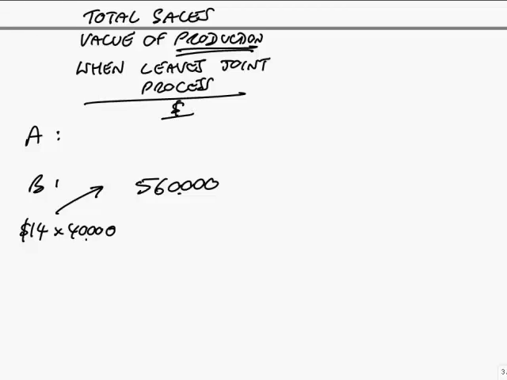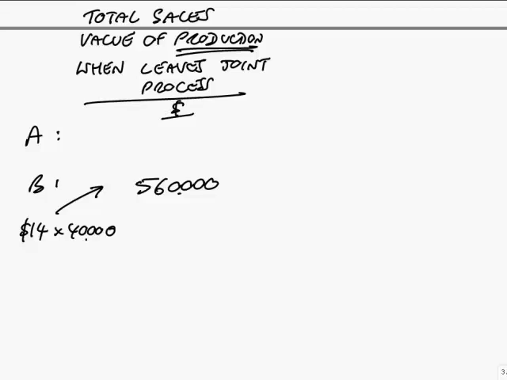And again, be careful. They're very likely to tell you we produced 40,000, we sold 35,000, and the rest was left in inventory. For these purposes, irrelevant. It's always the value of what was produced. Clear?